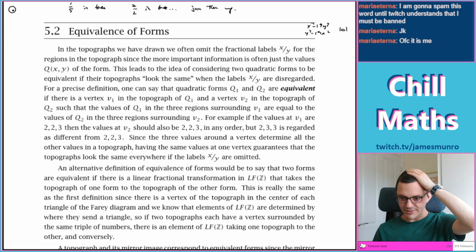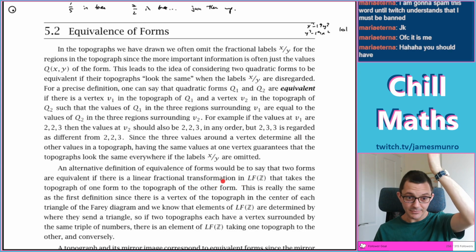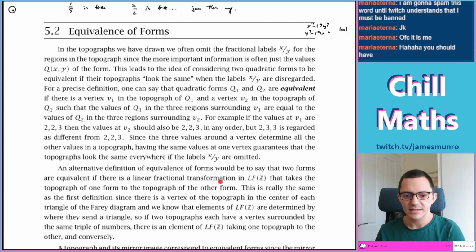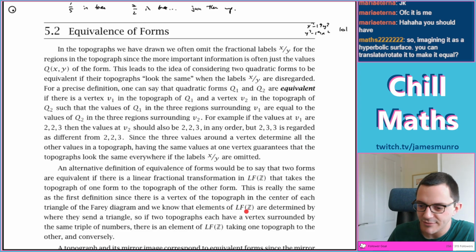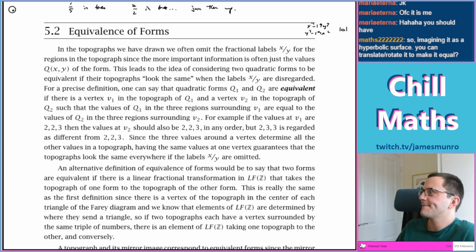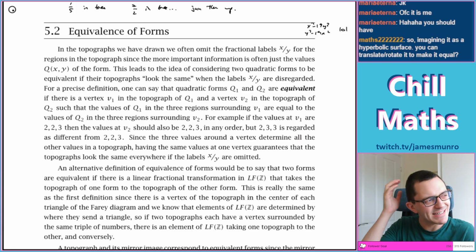Yeah, so maybe I prefer this linear fractional transformation, Möbius map sort of thing. Same with the first definition, since if you can take it over there with an LFT, then you get the same values. Could I take the same values but in totally different places? Is that a thing?